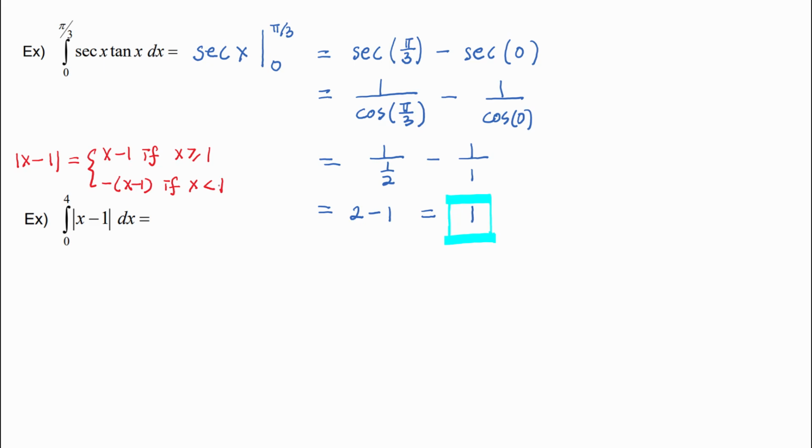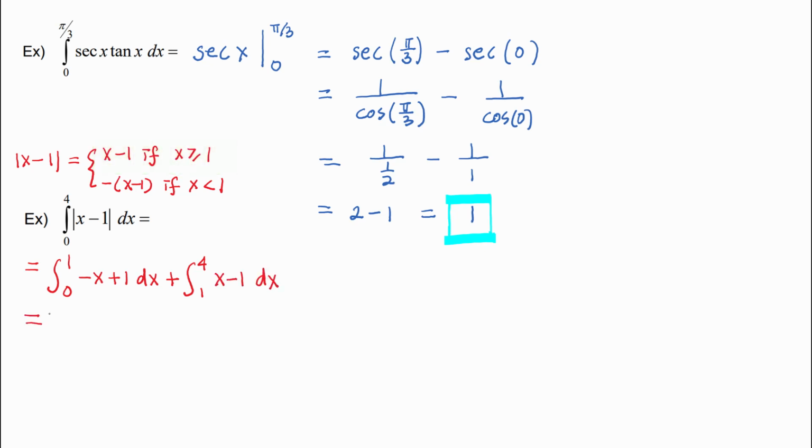So now we can split this integral. This is the integral from 0 to 1. Since 0 to 1 is less than 1, you would need the opposite of x minus 1. When you distribute the negative, it is minus x plus 1 dx, plus the integral from 1 to 4, where the absolute value of x minus 1 is x minus 1 dx.